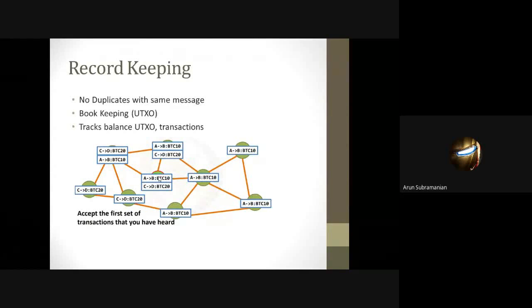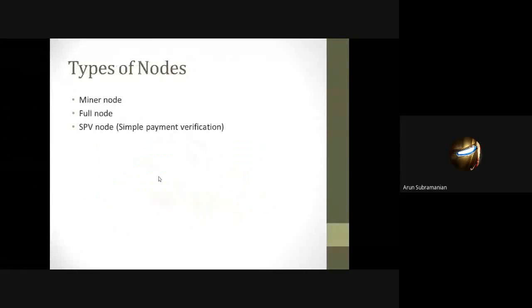I don't want to do the rest, because doing all these transactions, maintaining the ledgers, updating back and creating a block requires lots and lots of computing power. Only certain nodes can do that properly, and those nodes are termed miner nodes.